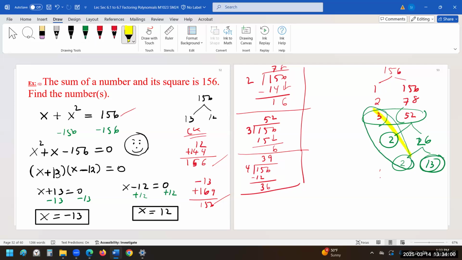So let me highlight them. If you multiply all of them, the answer is 156. See from here, 3 times 2 is 6, 6 times 2 is 12. So you have 12 and you have 13. The answer is 1 in the middle. So you get the answer.